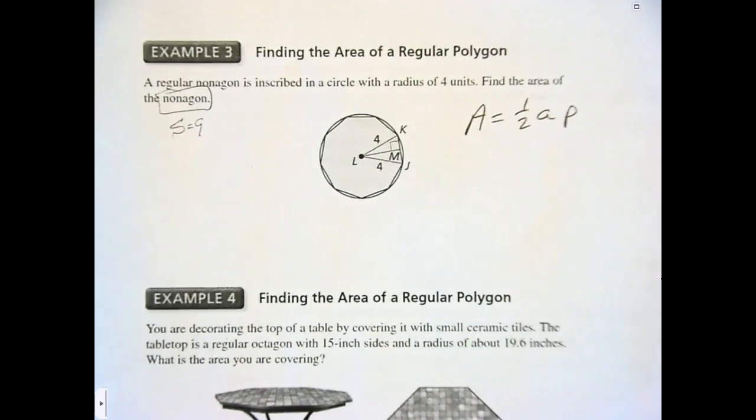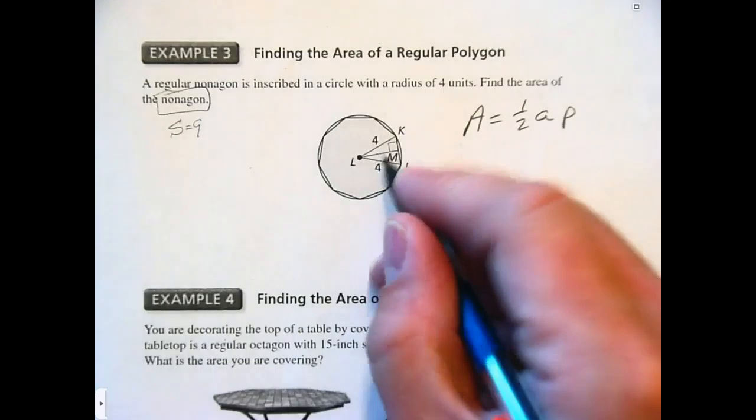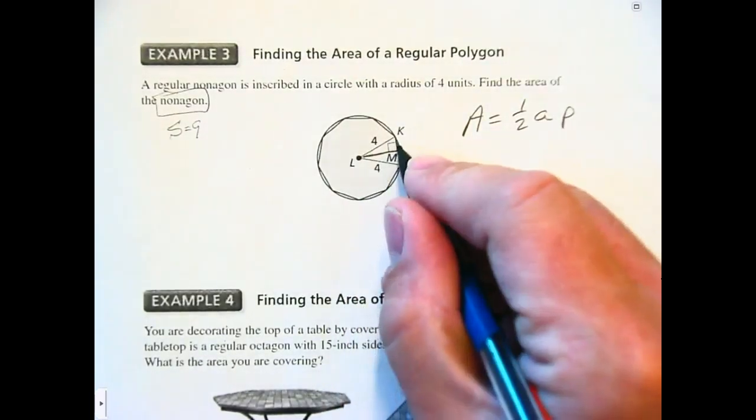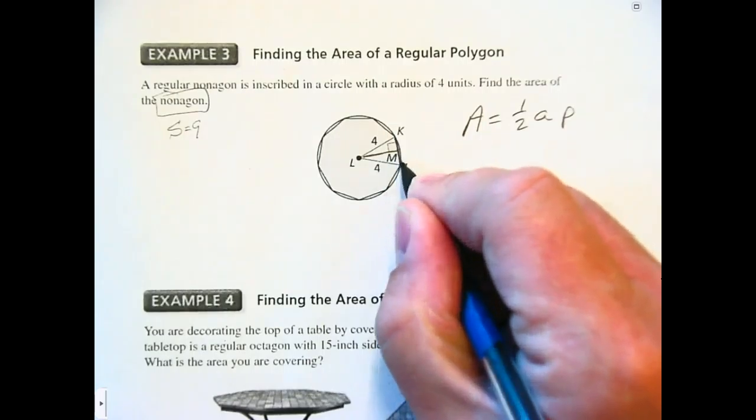So area equals 1/2 AP, A being the apothem, which in this case is right here. P being your perimeter is here.